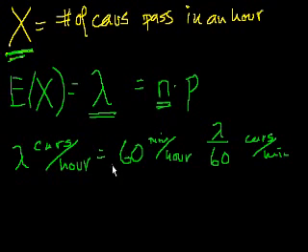And this would be a probability. This would be n, and this would be the probability, if we said that this is a binomial distribution. And this probably wouldn't be that bad of an approximation.